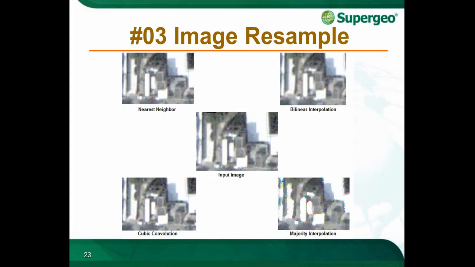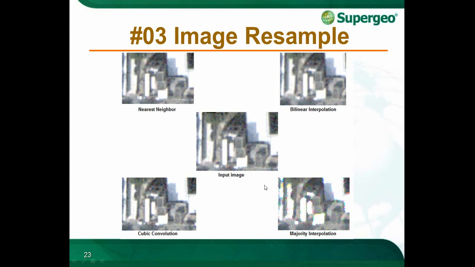Now you can see this one is the input image, the original one, and the nearest neighbor result is made like this, and the bilinear will be like this one, and the cubic convolution will be like this, and with the majority interpolation the contrast will be much more enhanced, but it will not be very clear.